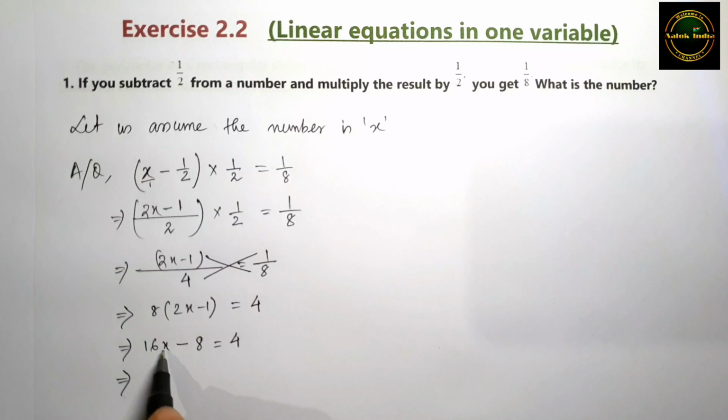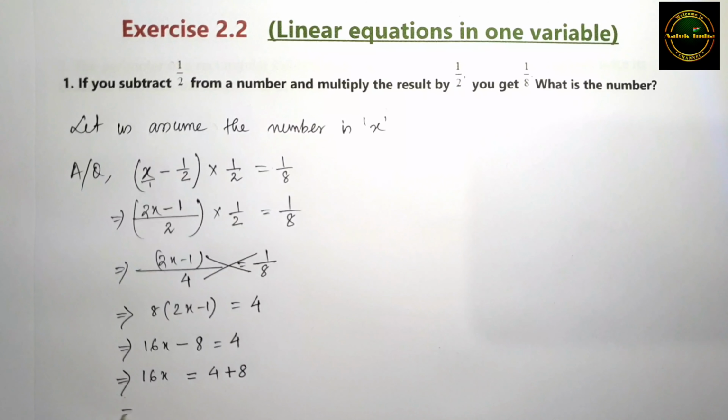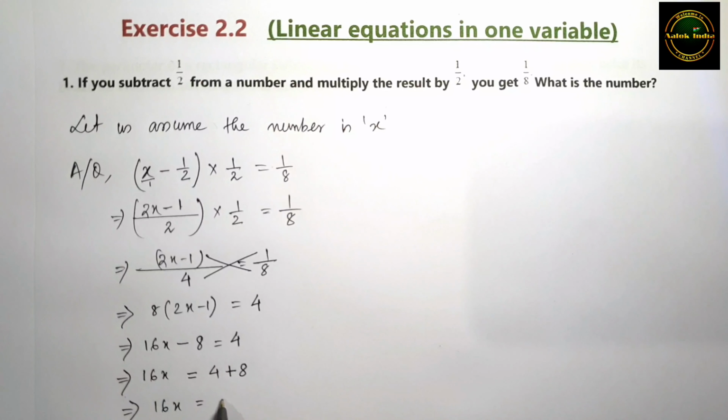Now 16x is the variable term, so we'll keep it on the left side and on the right side we'll take all the constant terms, that is 4 and minus 8. When it comes to the right side, it becomes plus 8. So 16x is equal to 4 plus 8 is equal to 12.